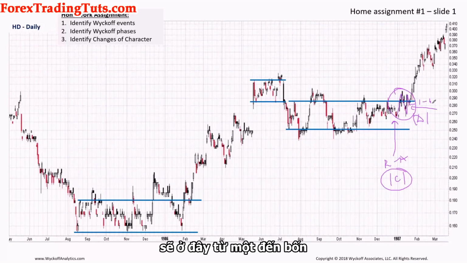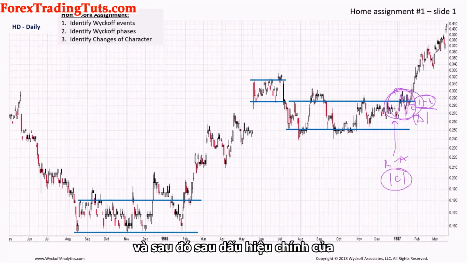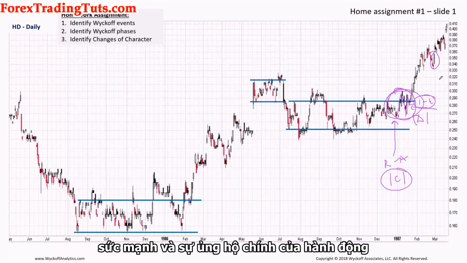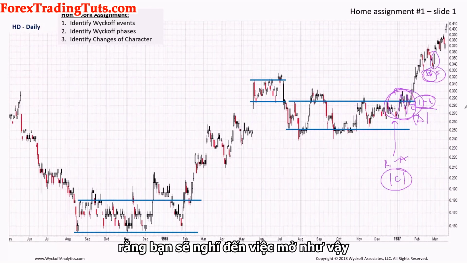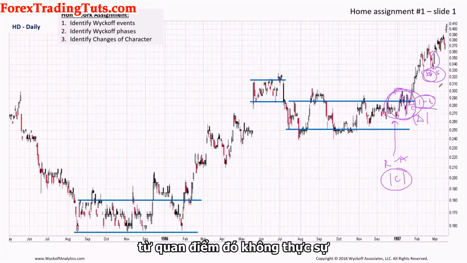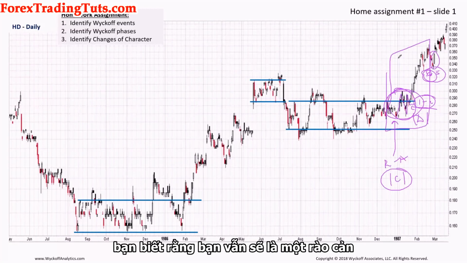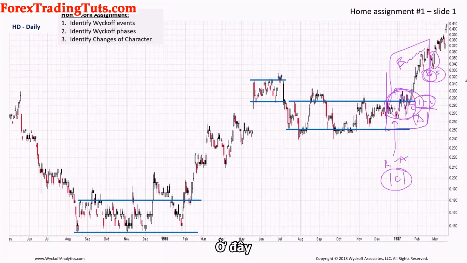So from 1 to 4, all of this is going to be a very active zone for you to act on. And then after the major sign of strength and the major backing up action, that's number 5 that you would be thinking of opening. So from that perspective, it doesn't really matter. You will still be operating in this space. You still will be a buyer here.